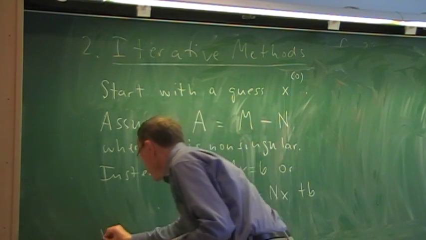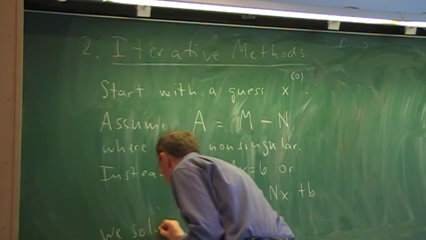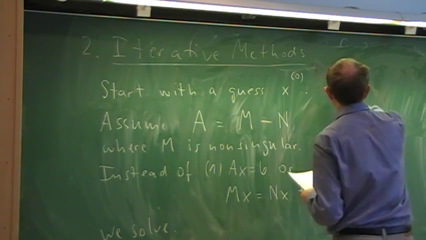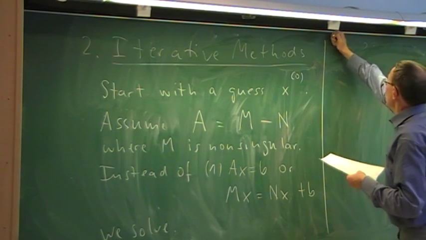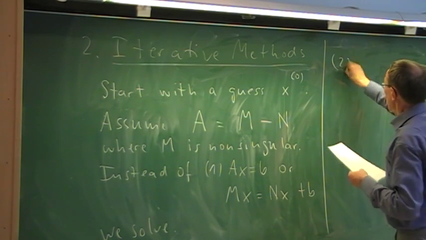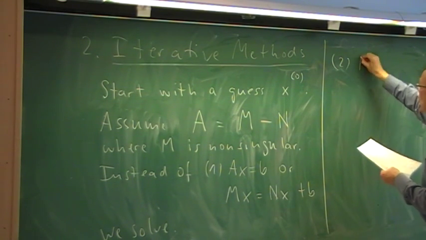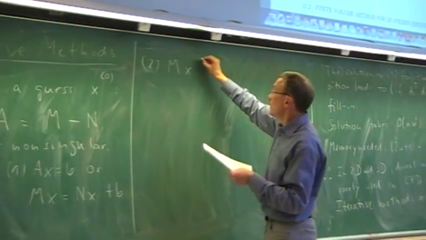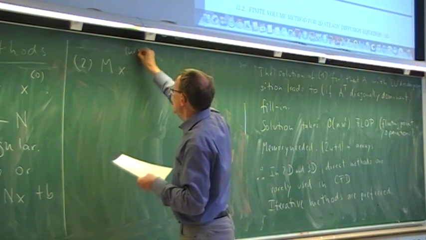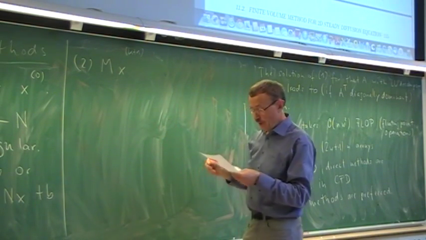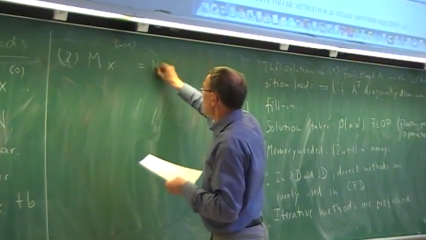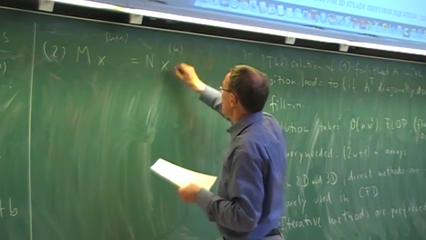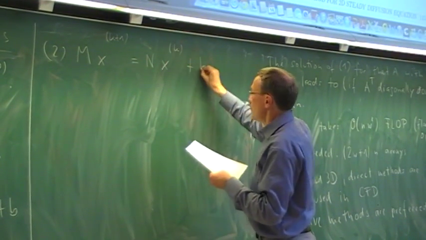Instead of that, when we use iterative methods, we solve the following. That is then the basic form for iterative methods. We solve with the matrix M, and we take the left at the new iteration, k plus 1, and we take the right at the old iteration, k, plus b.